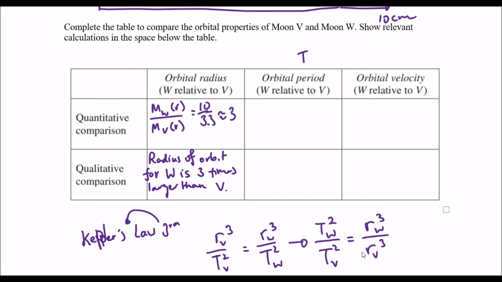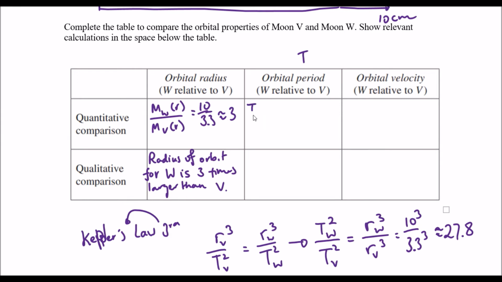Now we actually know what the value of this ratio is. That actually comes from the equation that we established here. So we know that the radius is 10 centimeters for W, and it's 3.3 cubed for the radius of V. So that gives us a value of roughly 27.8 approximate. So it's around that margin, but it's not exactly that.